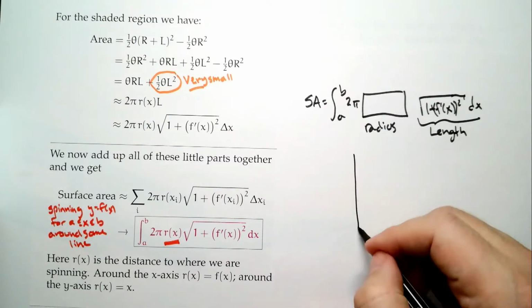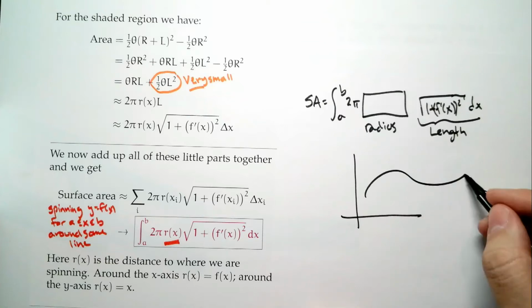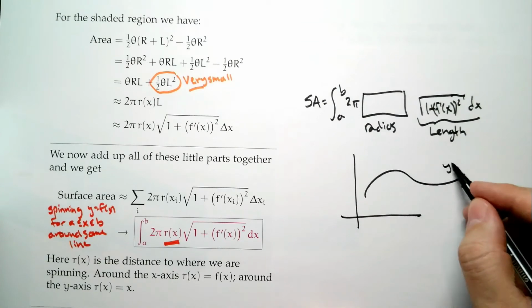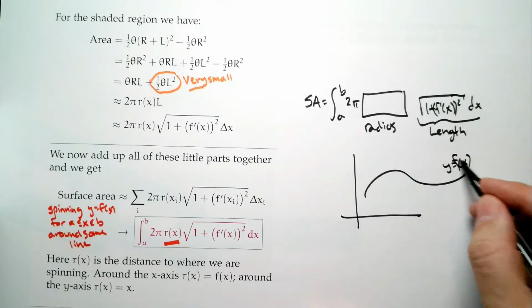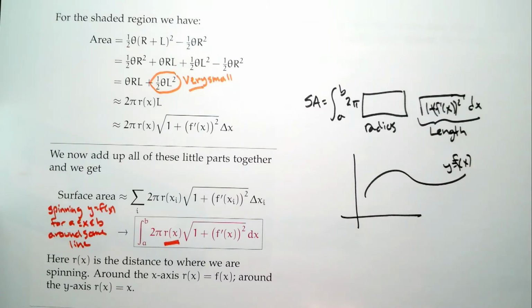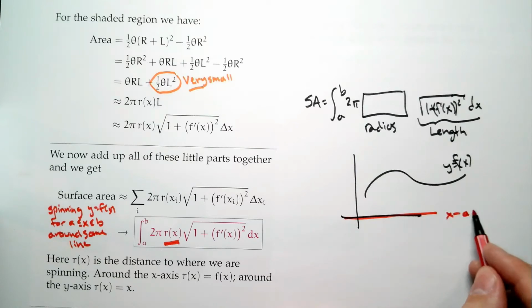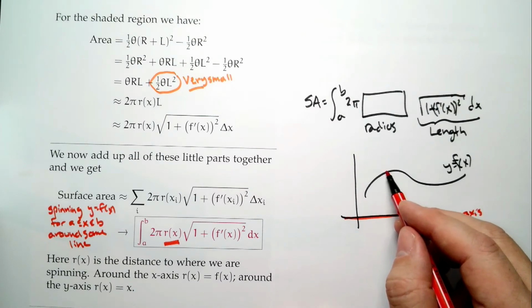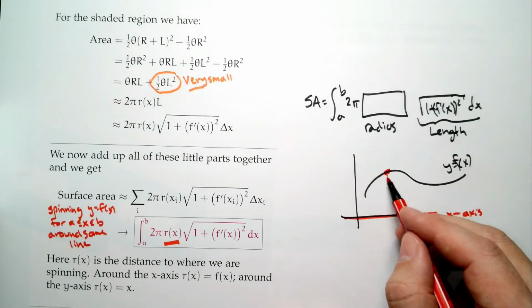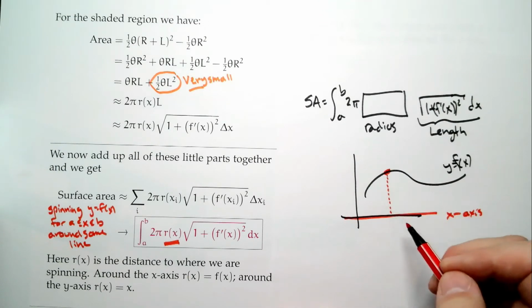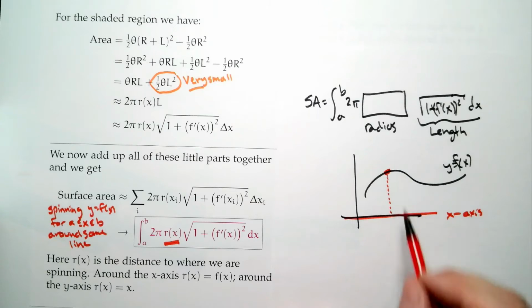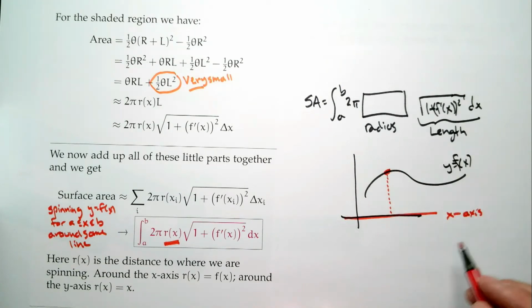And you say, okay, here's my curve y equals f of x, and if I were to spin it around the x-axis, then I'm taking a little tiny piece, and the radius is how far I am from where I spin. So around the x-axis, what would my radius be? It would be f of x, because your distance here is f of x.